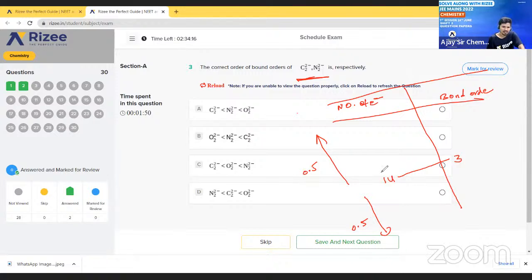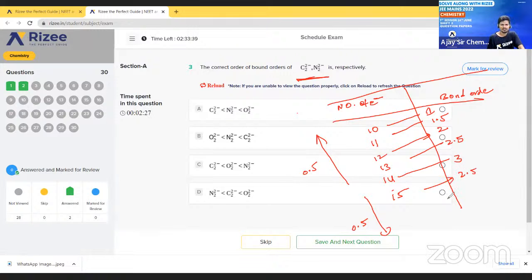See here, if 13 electrons are there, what is the bond order?